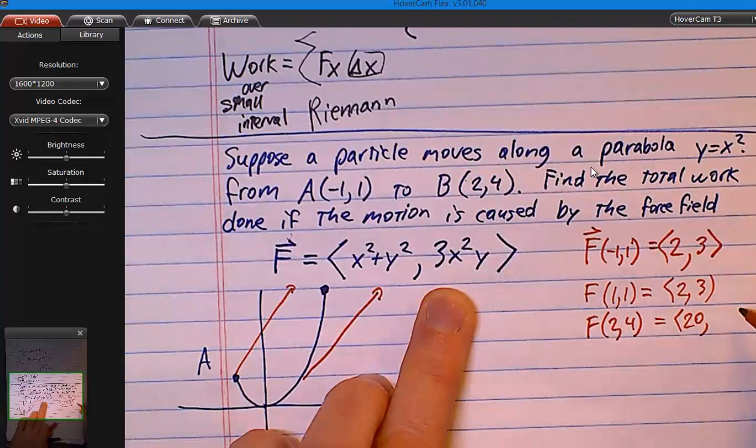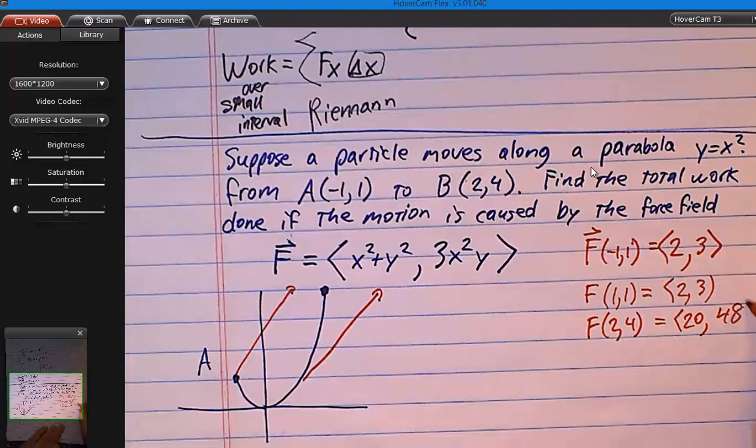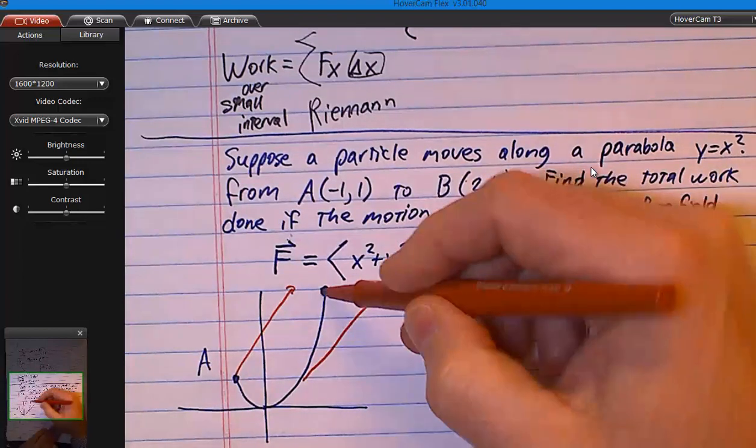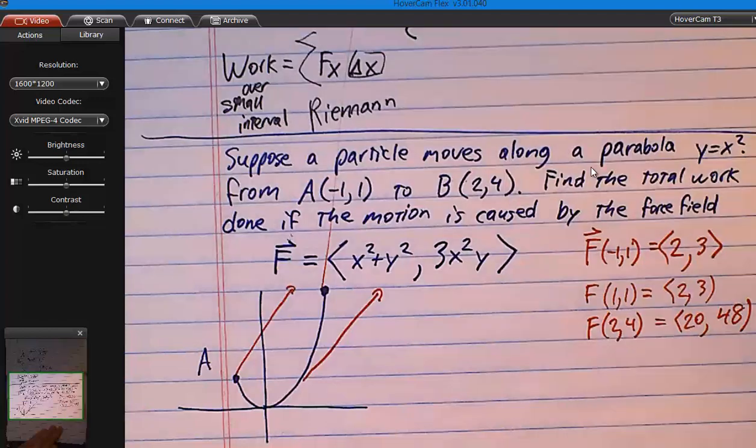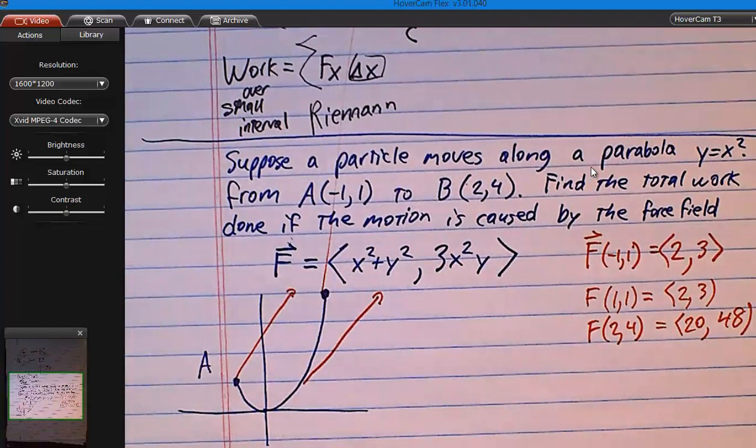Comma, 12 times 4. Yeah, 48. I don't feel like drawing that one, guys. Realistic? I don't think so. But how do we compute it?